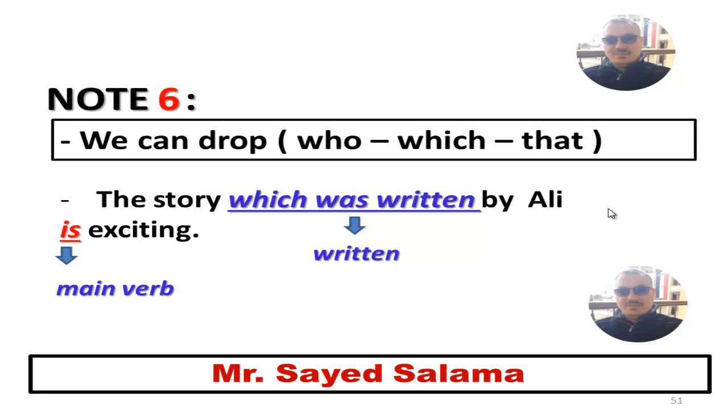So this is the main verb. So what's missing? So you can leave the past participle only. So the story which was written by Ali is exciting. You can say the story written by Ali is exciting.